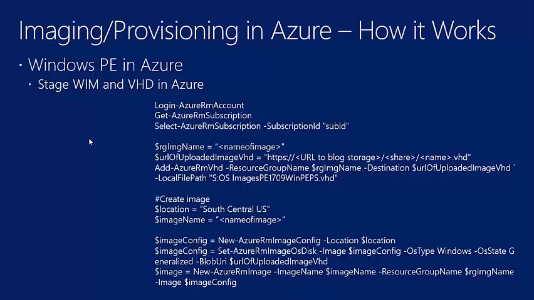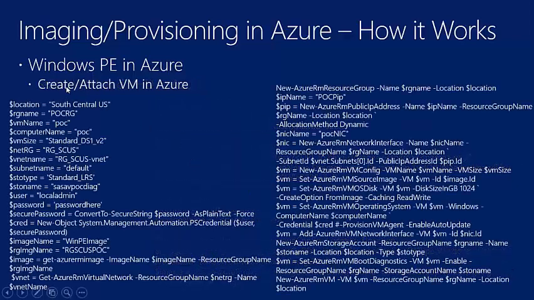But you'll be able to see the PowerShell script. First we're going to log in to the Azure environment, find our subscription, then basically load up the VHD into our environment. So that's going to copy it up. Then we're going to create an image out of that VHD, right?